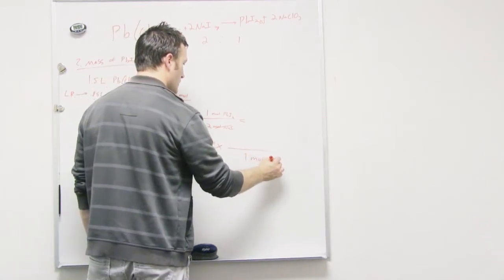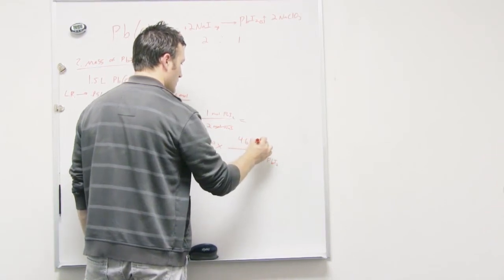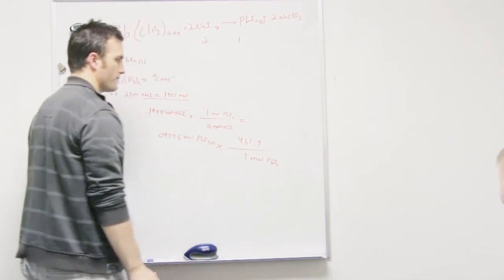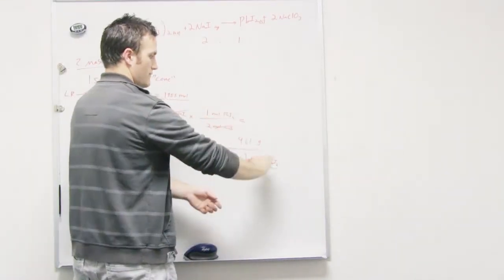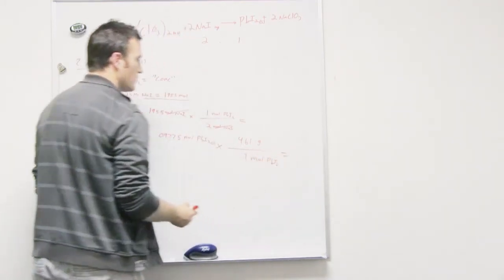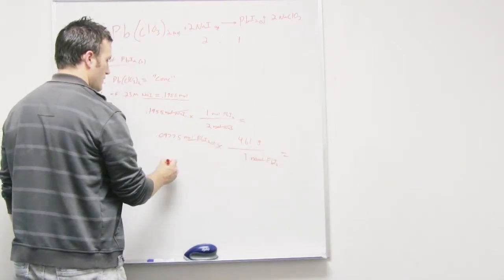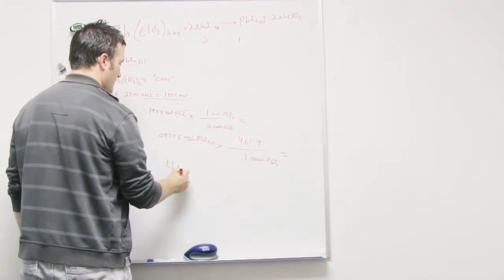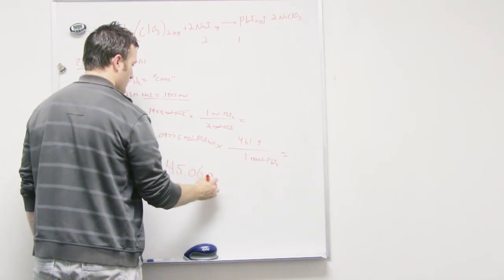So 461 is the molecular mass. I guess we could have made this one big long unit conversion, but since we forgot what we were looking for, we broke it into 2. That's 45.06, or 45.1 grams, which is the right answer.